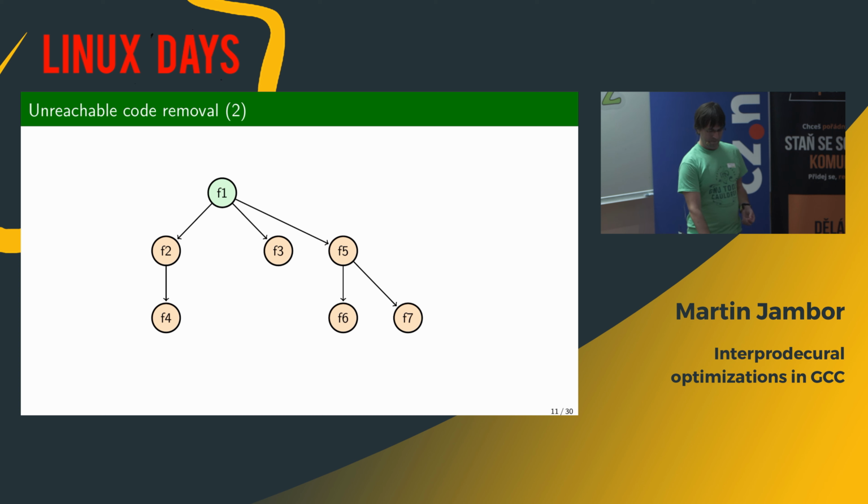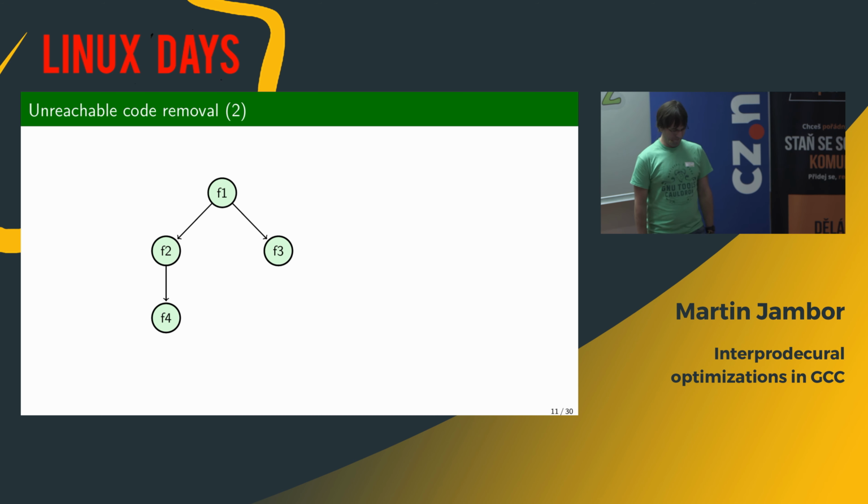And what often happens during early optimizations is that some calls basically disappear. At compile time we can figure out that they're not necessary. Then we propagate the required flag from the functions that we trivially know are required. In this example, it would be f2 and f3, because f2 is required and it needs f4. f4 would also get the required flag, and that's it. Everything else can be marked as unnecessary, and we can just remove it.